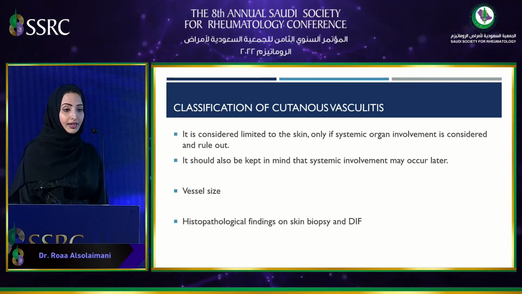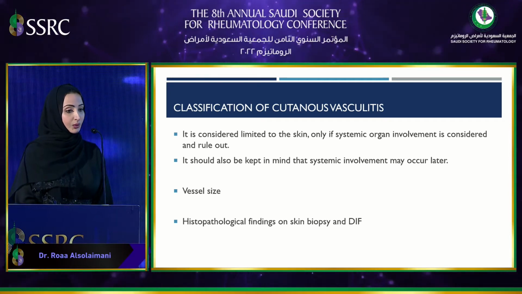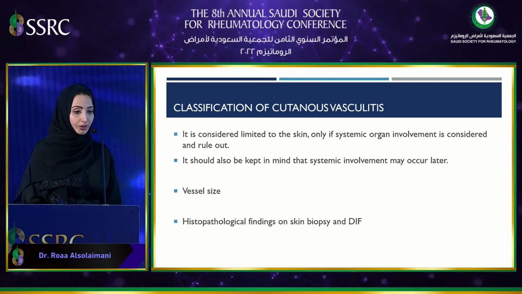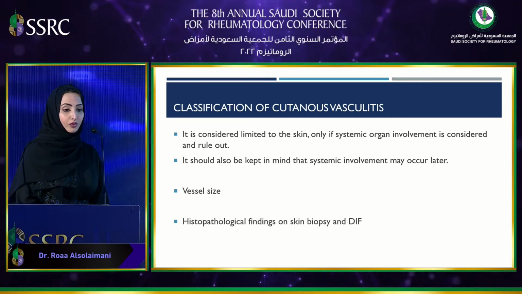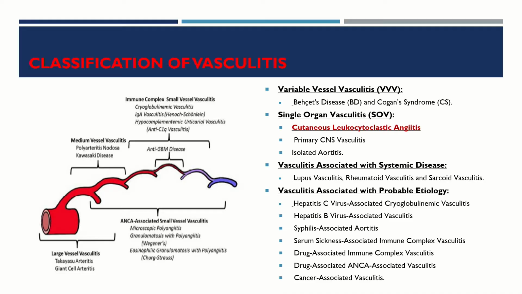To classify cutaneous vasculitis, you have many methods. It's considered to be limited to the skin only if systemic organ involvement is ruled out. We can also divide it according to vessel size, small, medium, and large, and the histopathologic findings. Cutaneous leukocytoclastic vasculitis was classified under single organ vasculitis in the Chapel Hill criteria.